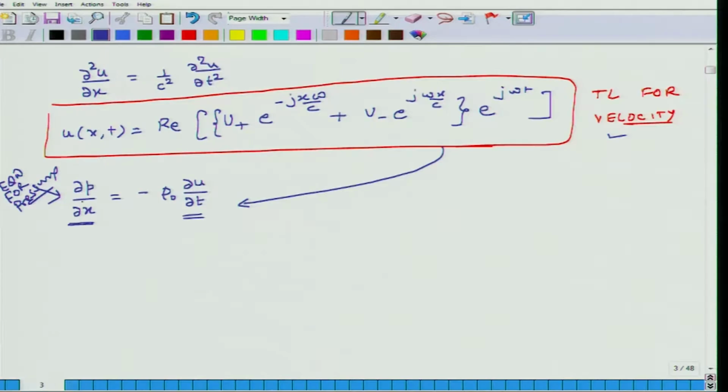So on the left hand side, I am going to differentiate the transmission line equation for pressure with respect to x. I get P plus e to the minus j omega x over c times minus j omega over c, plus P minus e to the j omega x over c times j omega over c.